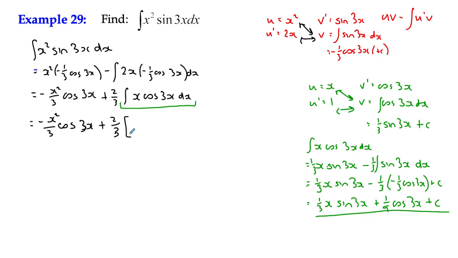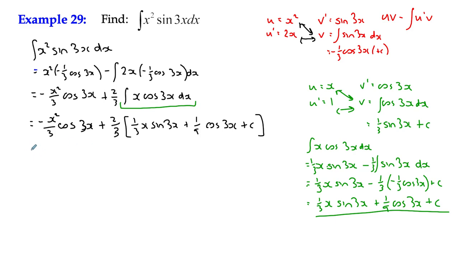Now here we go. We're going to substitute it in: 1/3 x sine 3x plus 1/9 cos 3x plus c. Okay, my computer's about to run out of battery, that's why it's been a bit slow.